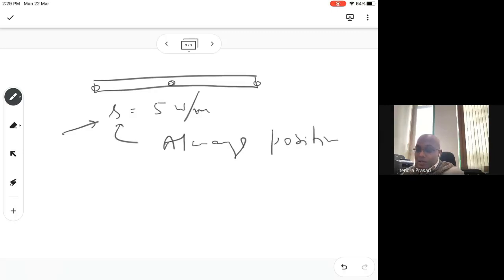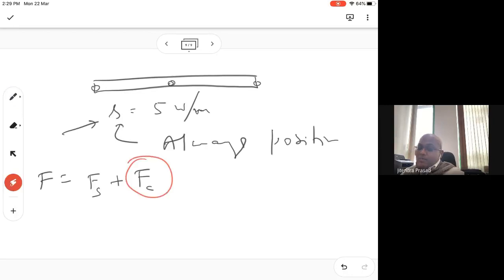So then, as I said, the force vector will have 2 parts. One will be because of the distributed load, let's call it Fs, and the other because of the concentrated one. The concentrated one comes from the boundary conditions, only at the boundary or at the nodes.